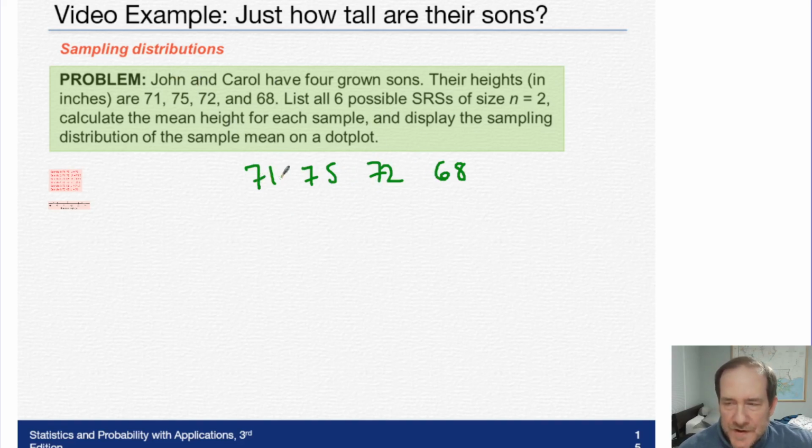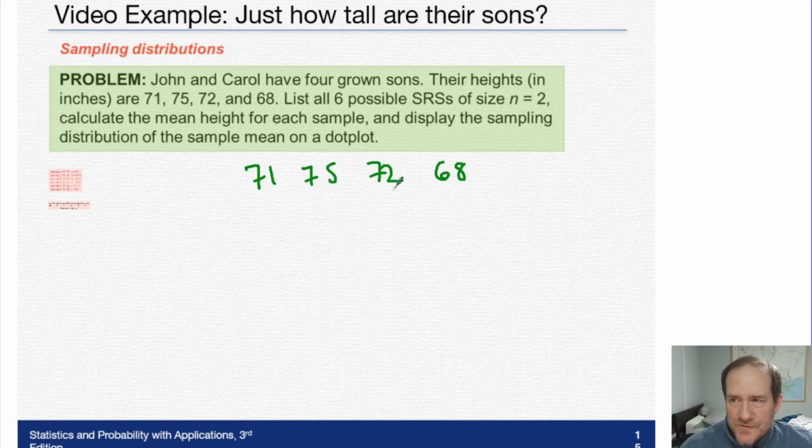Well, I know that it doesn't make a lot of sense here. There's only 4 numbers. We could just average them. But imagine if this was a much greater population. Well, this whole process, on the small scale, lets you know how we do it on the big scale. So what we would do is we would take every single possible sample. In this case, we're just choosing size 2.